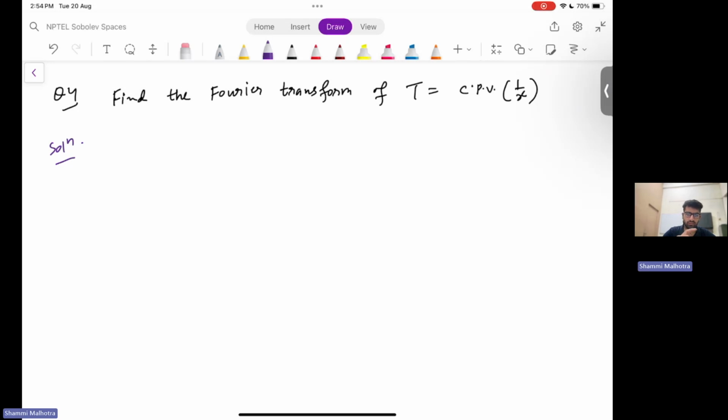So let me write one definition first, which we will require.